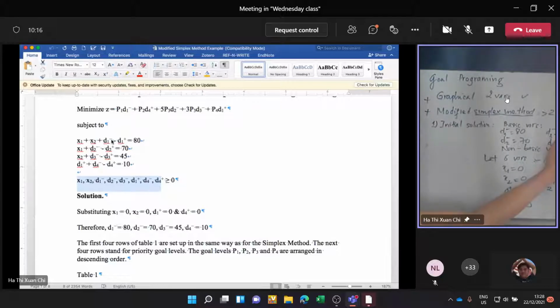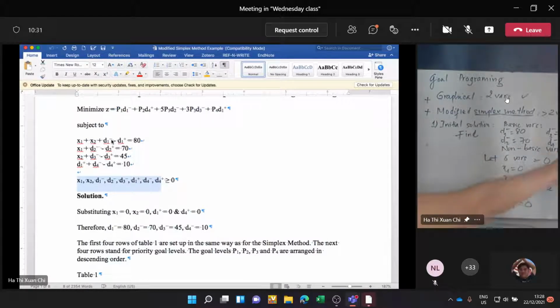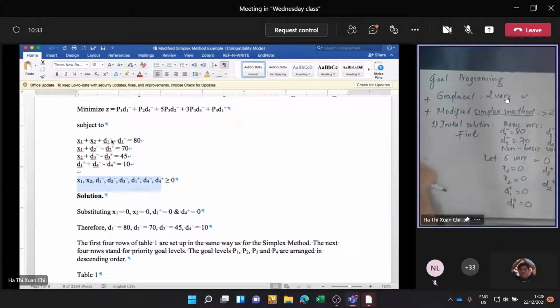And D4 minus equal to 10. So all of the variable here, you find that they should be greater than or equal to 0. So we call that the initial solution.